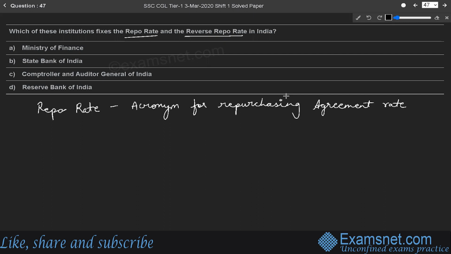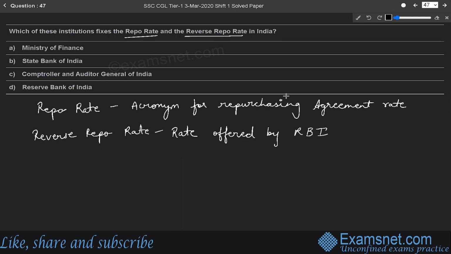Now about reverse repo rate. In short, reverse repo rate is the rate that is offered by RBI. RBI is Reserve Bank of India. When the banks deposit their surplus funds with Reserve Bank of India for a short term of time, then the rate offered by Reserve Bank of India is the reverse repo rate.